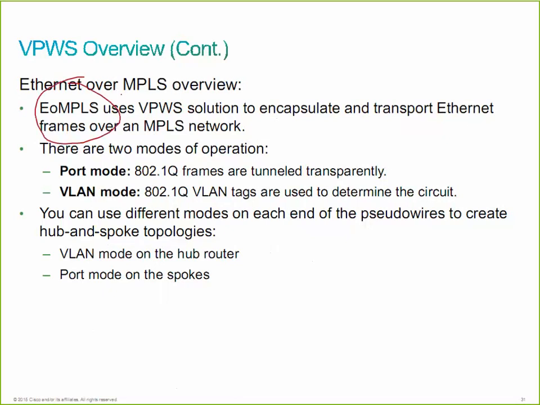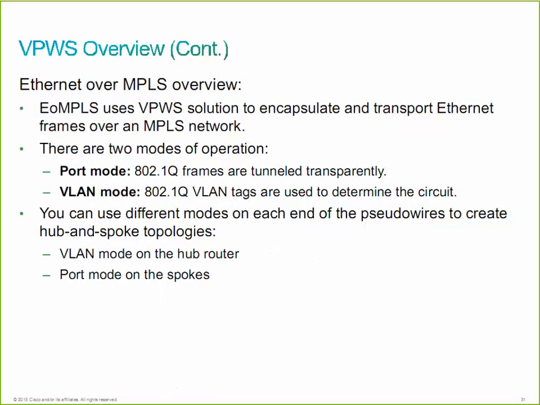It stands for Ethernet over MPLS, though some people like to call it everything over MPLS. Technically speaking, it's Ethernet over MPLS. The purpose of it, of course, is to transport Ethernet over our MPLS network.